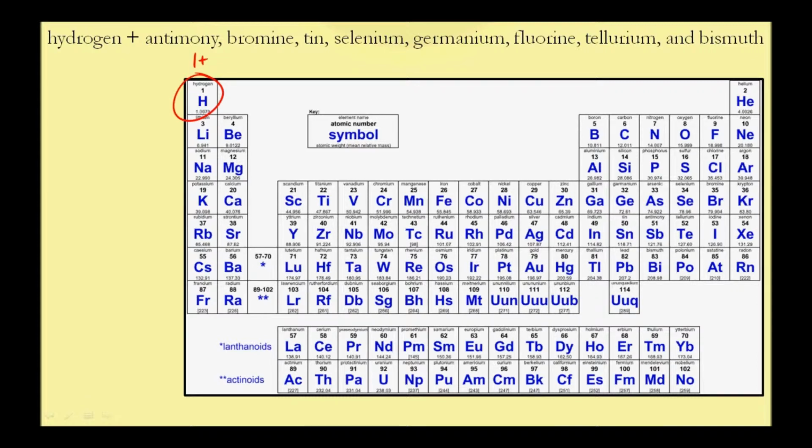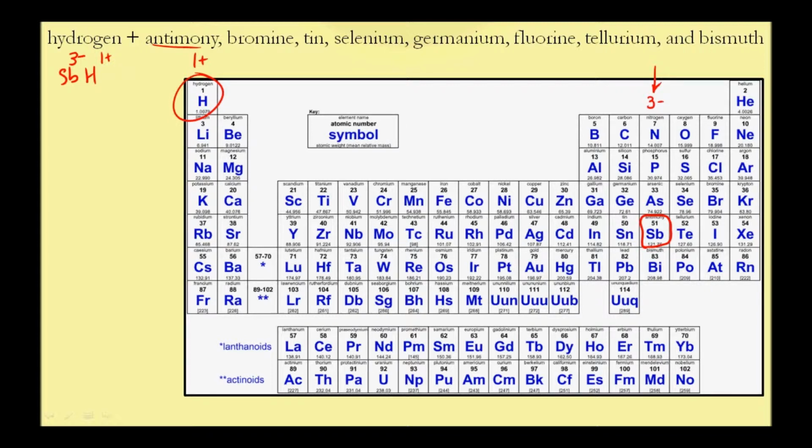So starting with antimony, we find that antimony here is in the group that is normally looked upon with the charge 3-. So we have Sb and H. Sb 3-, H is 1+.